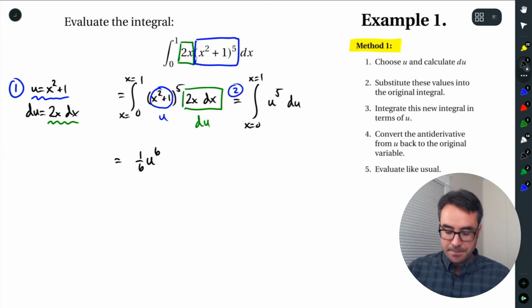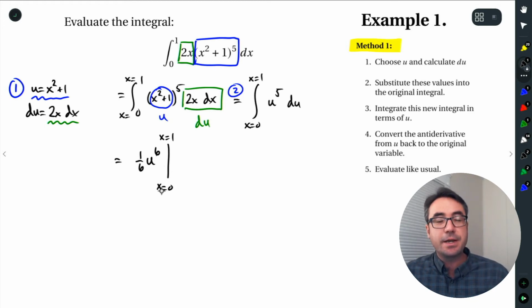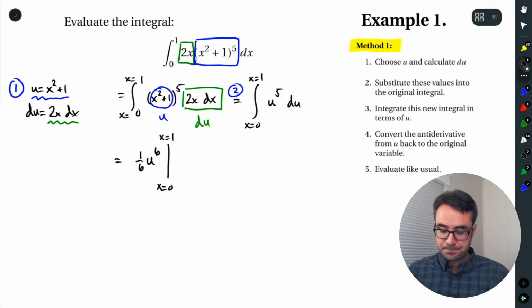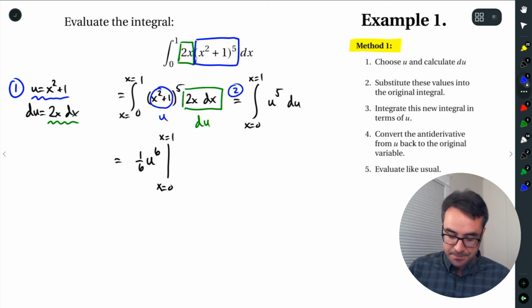Then because we're doing a definite integral, we start writing the evaluate line, the big vertical line at the end, putting the lower limit on the bottom and the upper limit on the top. We're using x equals 0 and x equals 1 to remind ourselves that we haven't changed the limits of integration. So that's step 3.